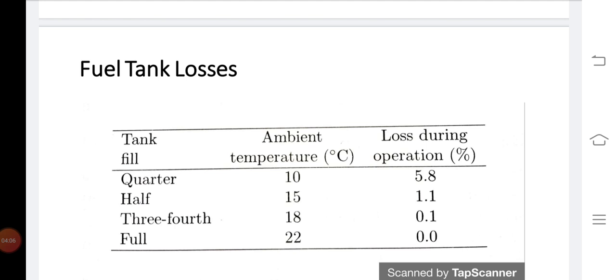So the recommendation for a vehicle, basically a gasoline engine, is always a full tank. A less full tank means greater evaporation loss, and an approximate picture of the effect of tank fill and temperature can be shown in this figure.